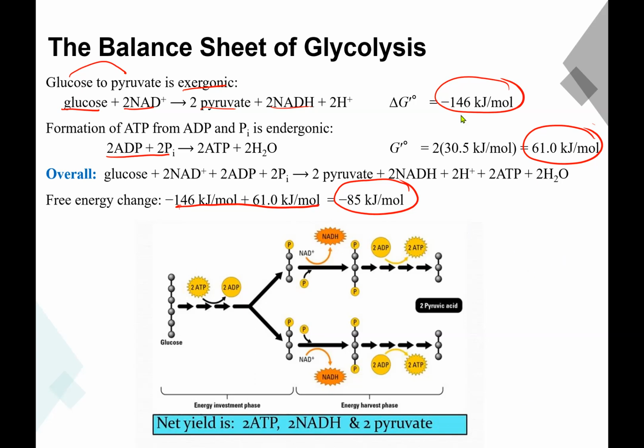Another thing to notice, we'll be getting into that, is that we actually consume some ATP in this reaction, but there is still a net yield. We consume 2 ATP in the preparatory phase, but we make 4 ATP in the payoff phase, so we get a net yield of 2 ATP. This will all be clearer.